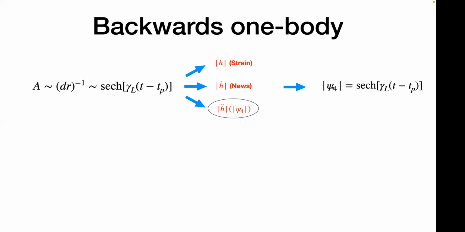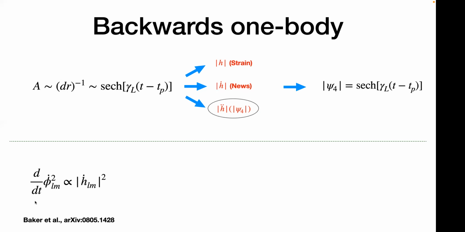But then how about its phase? His construction was based on an empirical relation from this paper. So this relation makes a connection between the phase evolution and the amplitude evolution. And the coefficient is roughly insensitive to time.